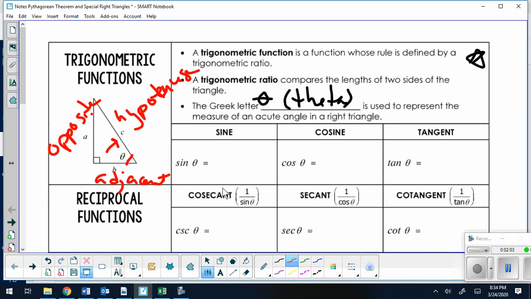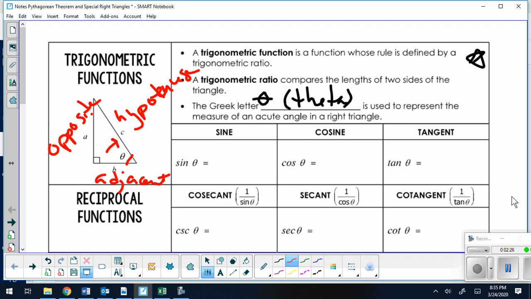And then we're just going to define our 6 trig ratios, our 3 basic ones, sine, cosine, and tangent, and then our 3 reciprocal ones where we're going to flip them, cosecant, secant, and cotangent. We're going to define those using those 3 words, opposite, hypotenuse, and adjacent. Okay, and these are definitions. That's all it is.